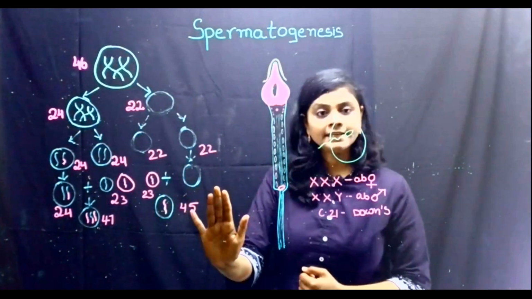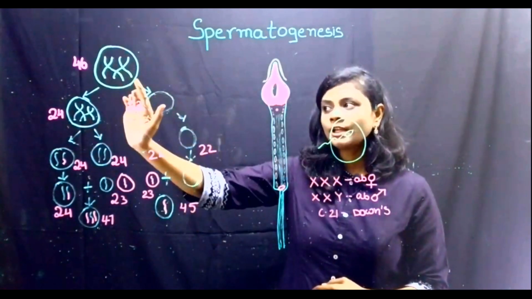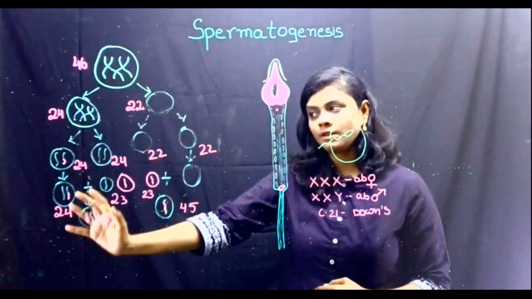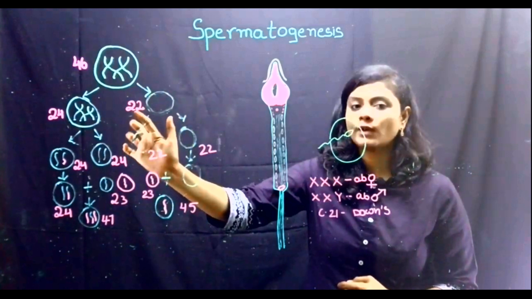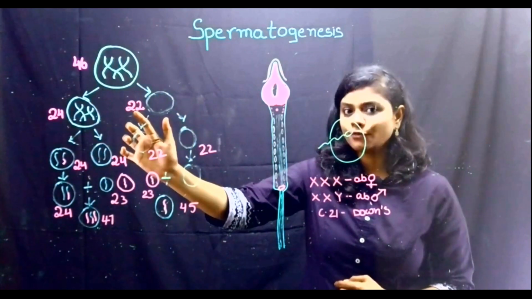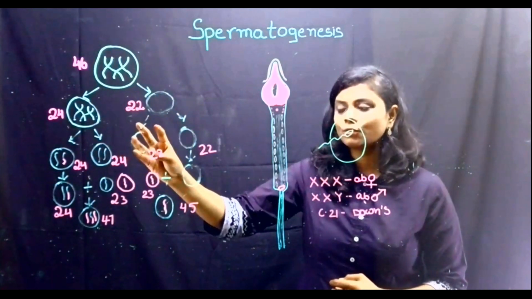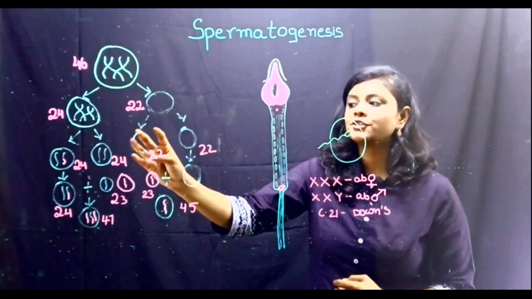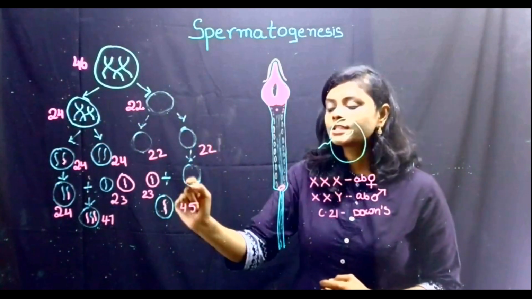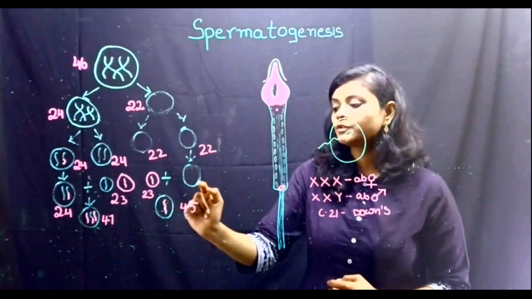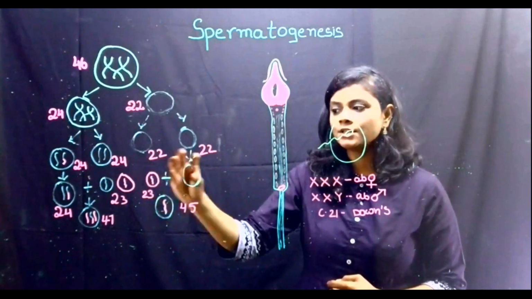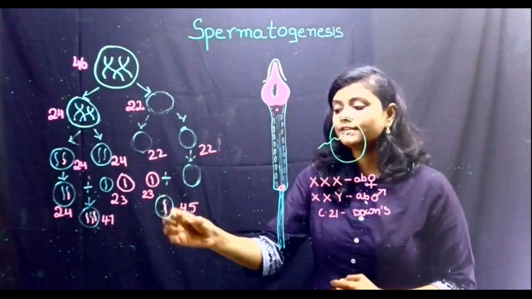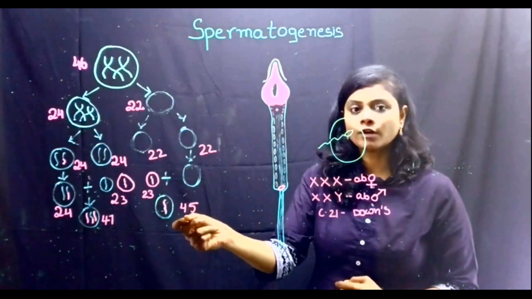Now what is happening here we will see. During the meiotic division, 24 is trisomy, fine, but there is deficiency. It has to be 23, but it is 22. So there is the deficiency of a chromosome. This deficient cell further undergoes second meiotic division, 22 and 22. When this 22 chromosome fertilizes a normal gamete with 23, the result will obviously be deficient of a chromosome.